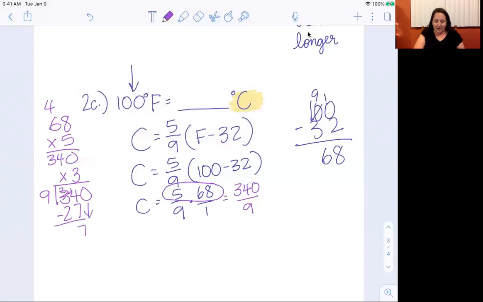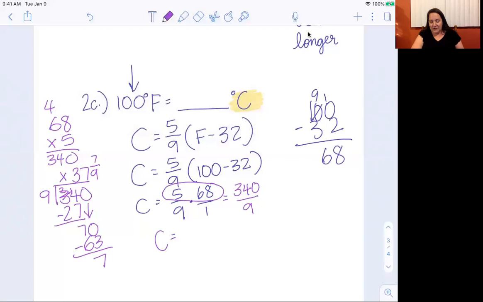Bring down the 0. 9 goes into 70... What's 9 times 8? 72. What's 9 times 7? 63. So 7 times. So we get 37 and 7/9.